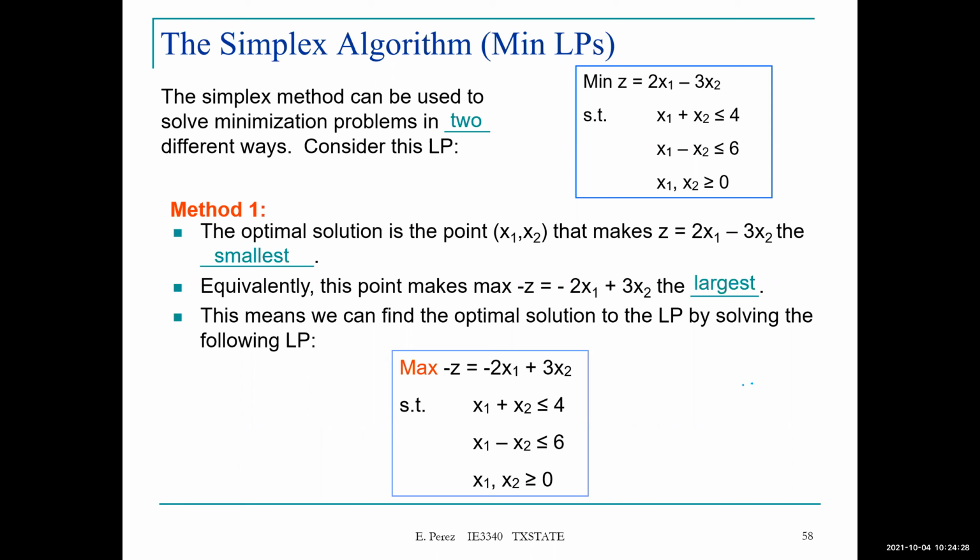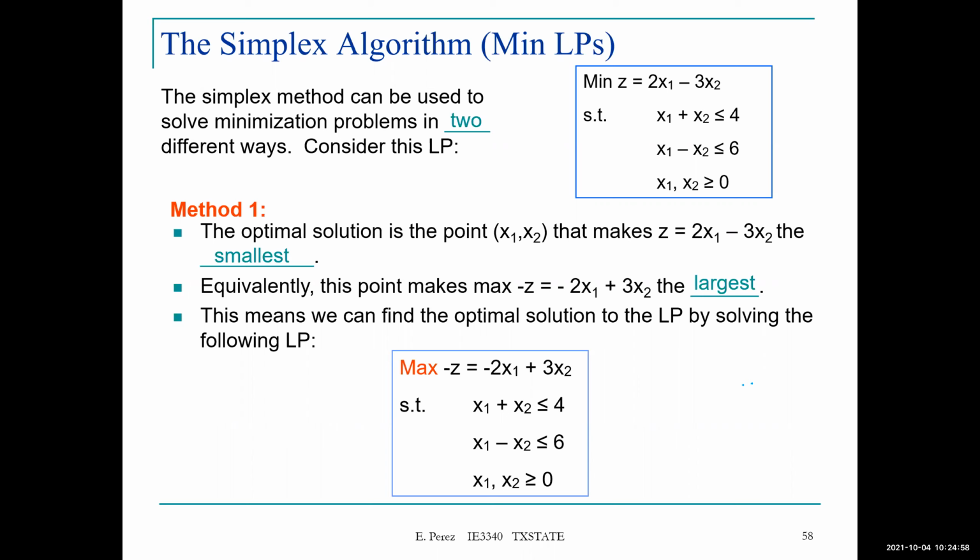So this means that we can find the optimal solution to the LP by solving this problem, in which we are changing the minimization objective function to a maximization, but we are multiplying the objective function by minus 1. So what you are looking at is the maximization of the negative objective function. That should give you the same solution as minimizing the positive coefficients.